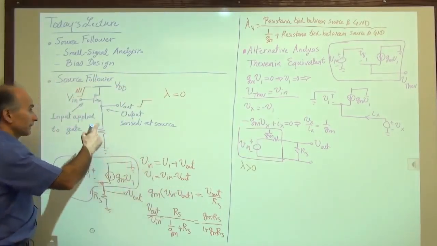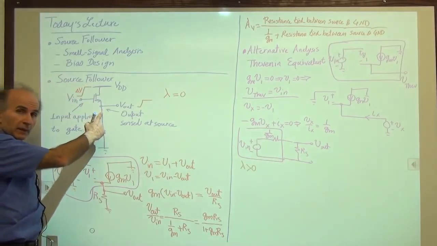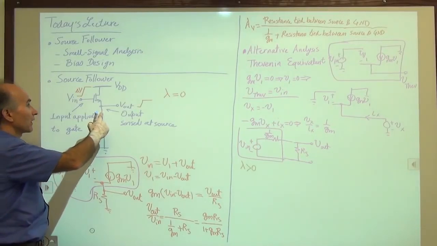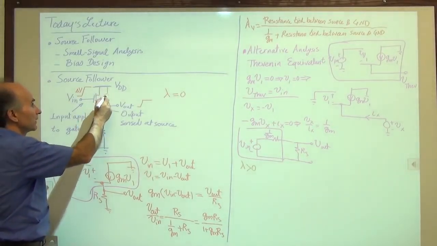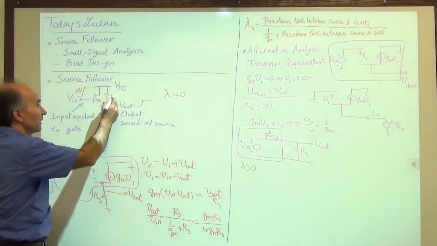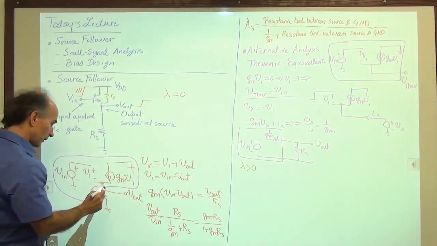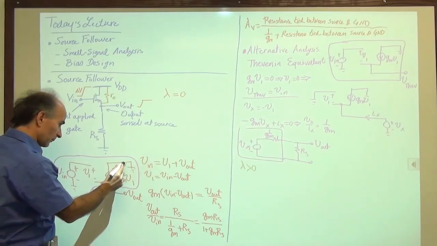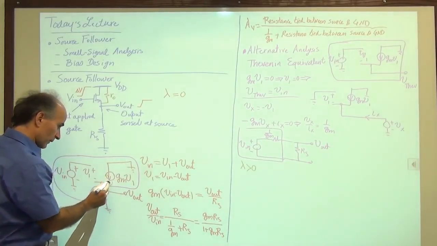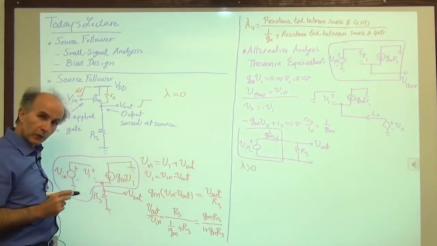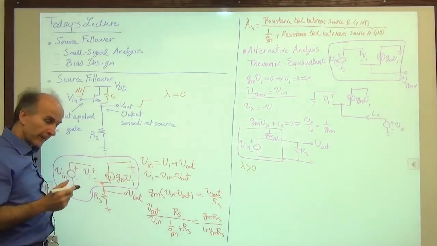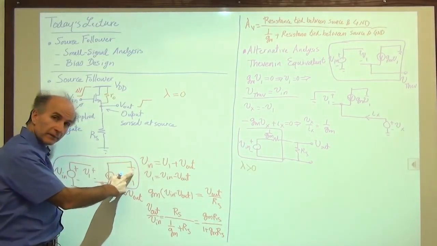So let's go back here and ask ourselves, with channel length modulation included, we have RO between the drain and the source. That would be here, between the drain and the source. And the drain is grounded.